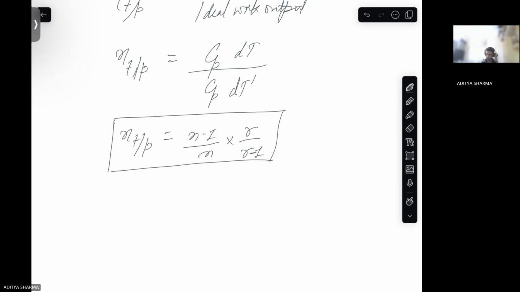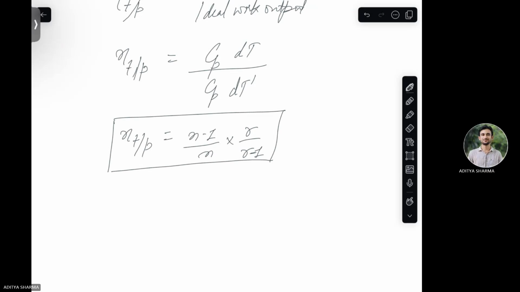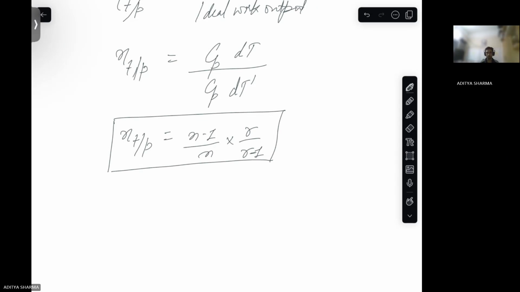Then we have it for the compressor. If we want to relate our polytropic efficiency with our isentropic efficiency, that also can be done.